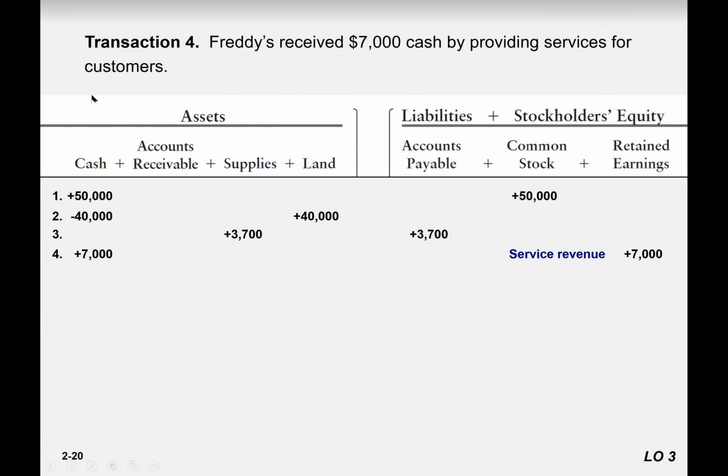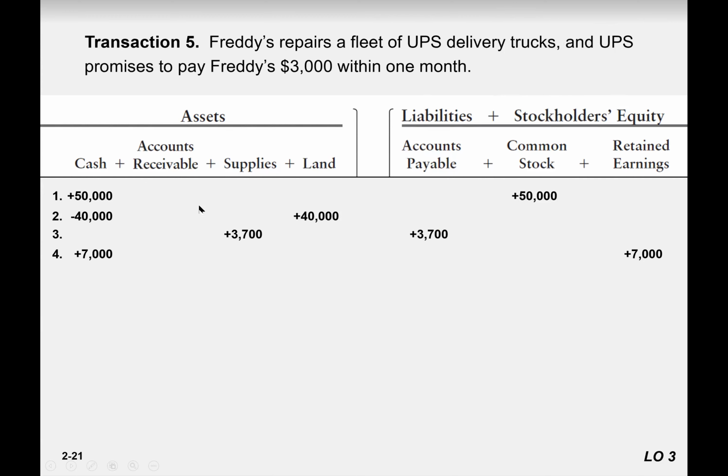Transaction 5. Now, Fridays repairs a fleet of UPS delivery trucks, and UPS promises to pay Fridays 3,000 within 1 month. Now, let me know which accounts need to be increased.